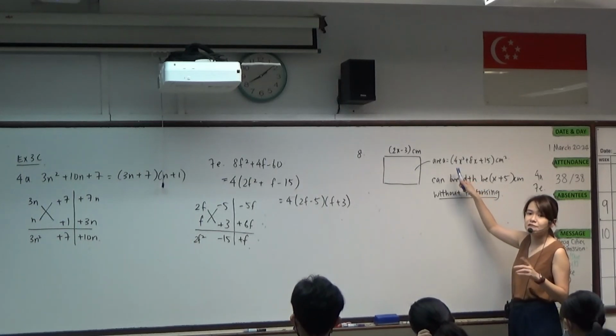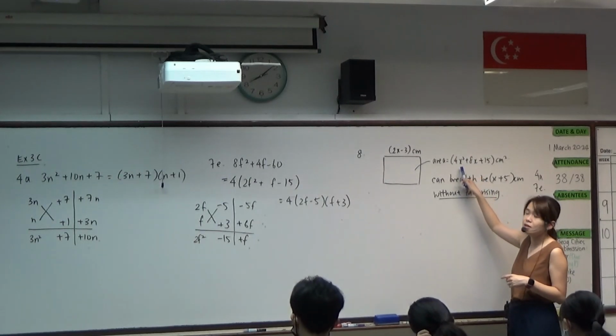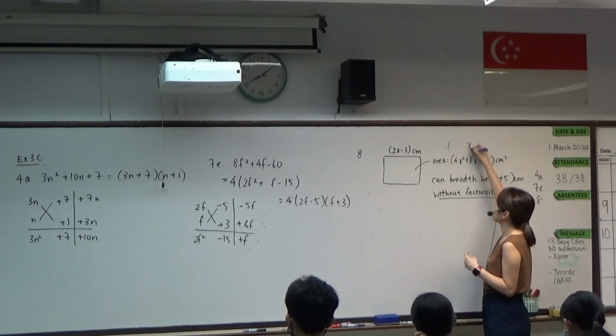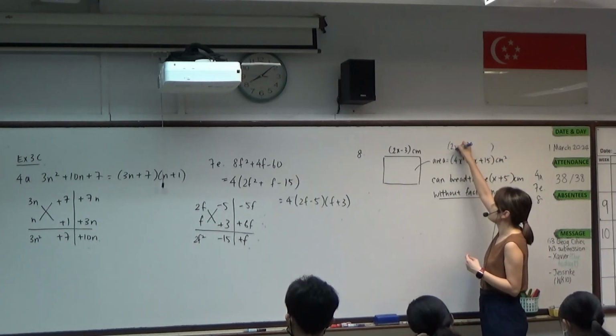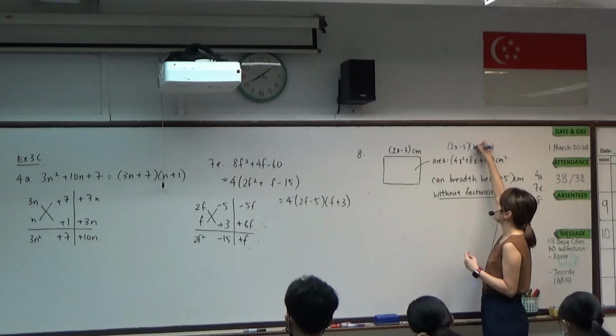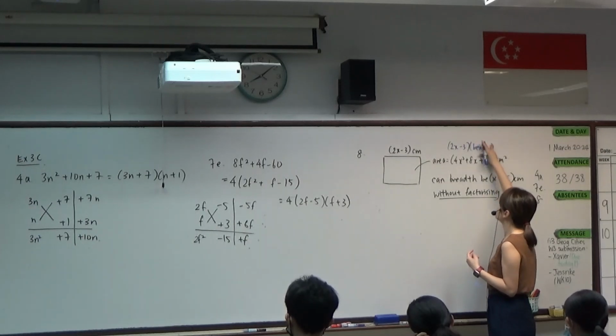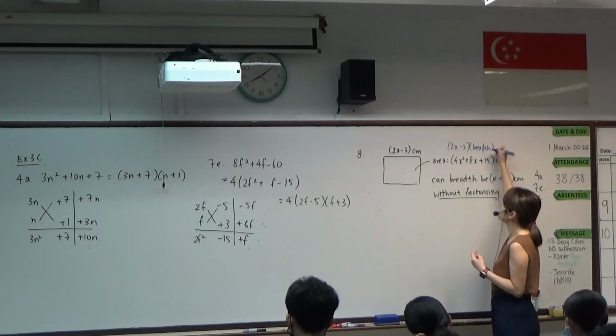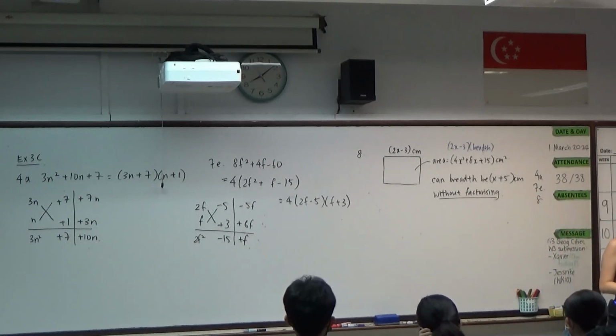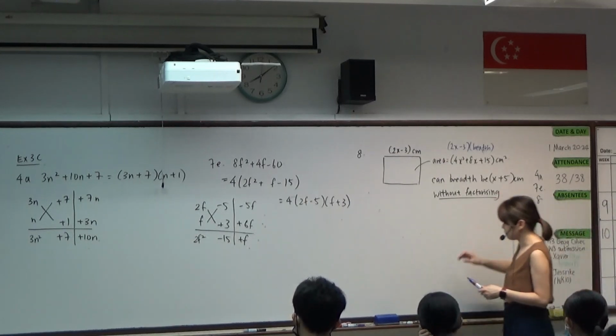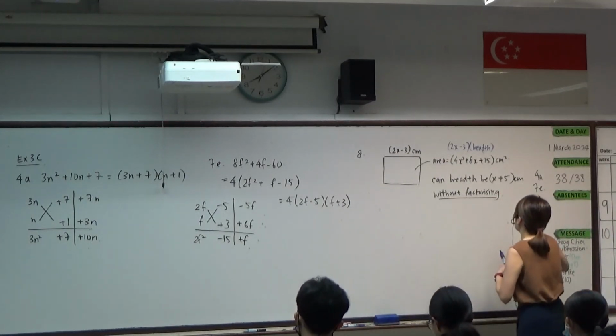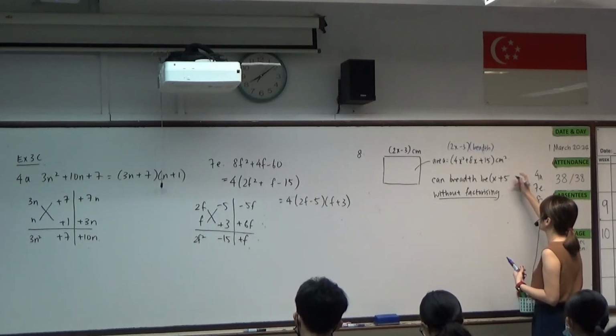In other words, if I can factorize this area into 2 separate factors, one of them must be 2x minus 3. The other one will actually be the breadth. Okay, so but then the question stops us from factorizing. Then they want us to determine, okay, whether the breadth would actually be x plus 5 cm or not.